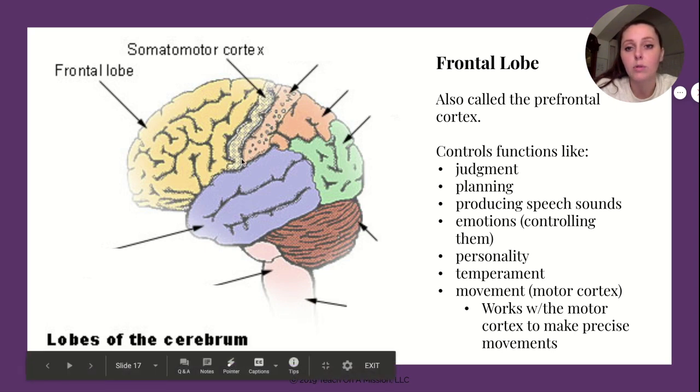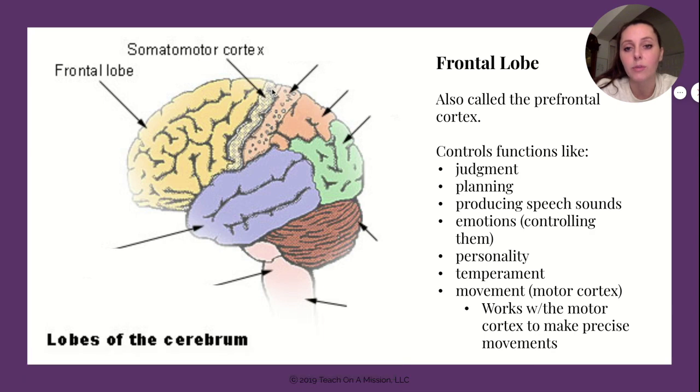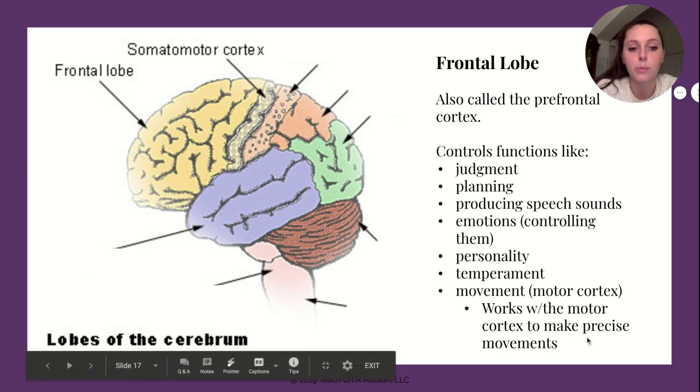And we see that our motor cortex, it almost looks like a headband that goes across the top of your brain. That is actually going to be in the frontal lobe. So out of the 2 cortexes, the motor cortex is the one that's in the frontal lobe. So that's going to help us with our precise movements.